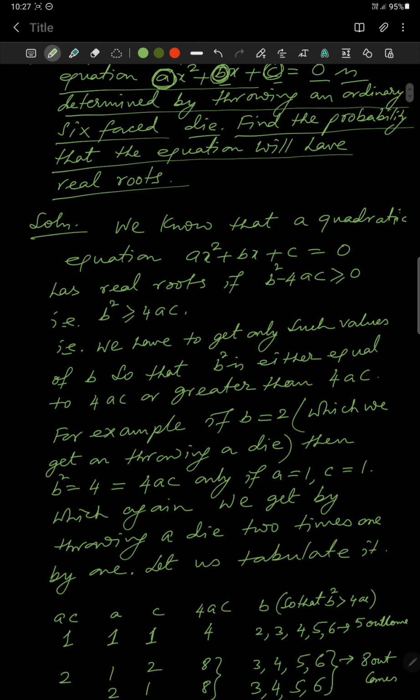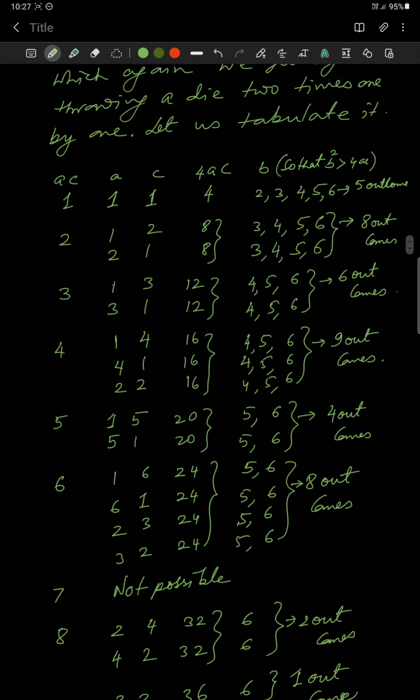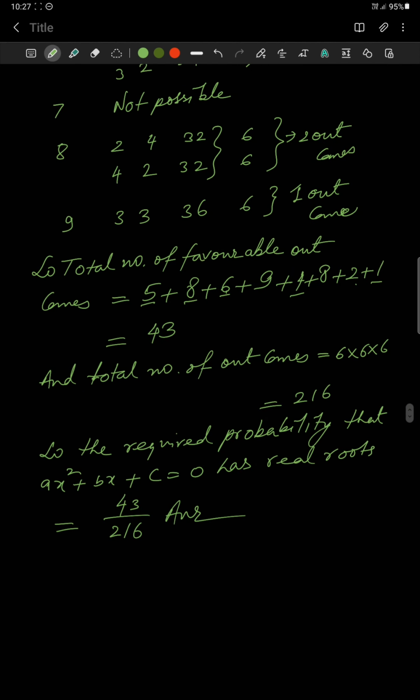So the total number of outcomes is 6 into 6 into 6, which is equal to 216. I hope you can understand.